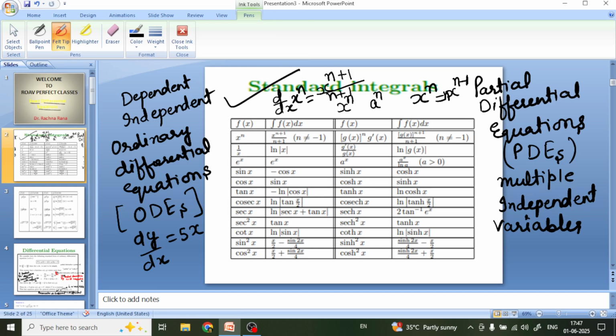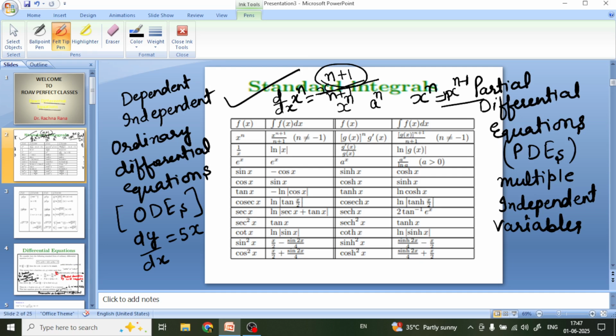Means in differential you subtract 1 from the power, and the original power is written before the base. But in case of integration, you add 1 to the power, and that new power is written in the denominator.